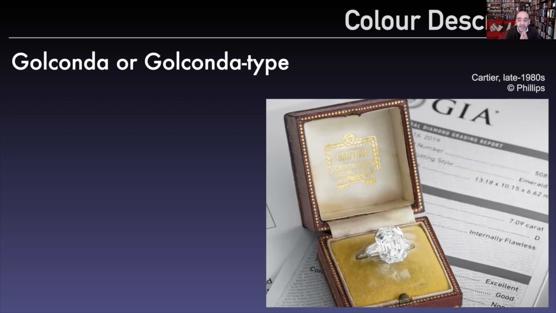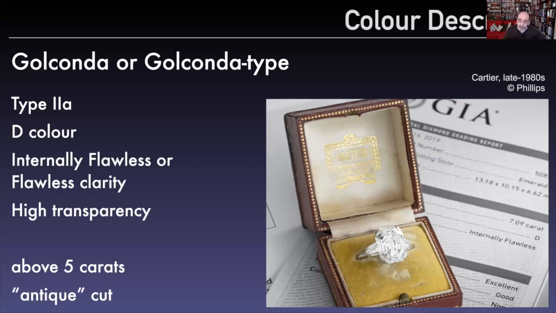Today, some gem labs like Gübelin Lab or SSEF issue a Golconda appendix when a stone is really special and follows certain rules, but the stones are not necessarily from the Golconda area. So pay attention: when you see Golconda or Golconda type today, it doesn't mean that the stone comes from India. It does mean that the stone is a type 2A. We'll see about that later on.